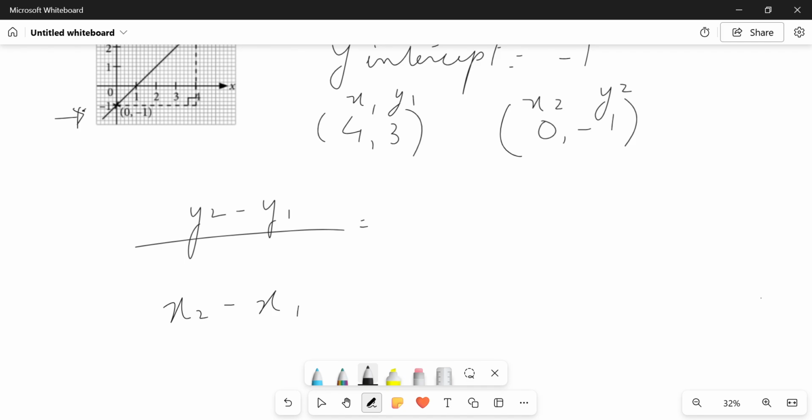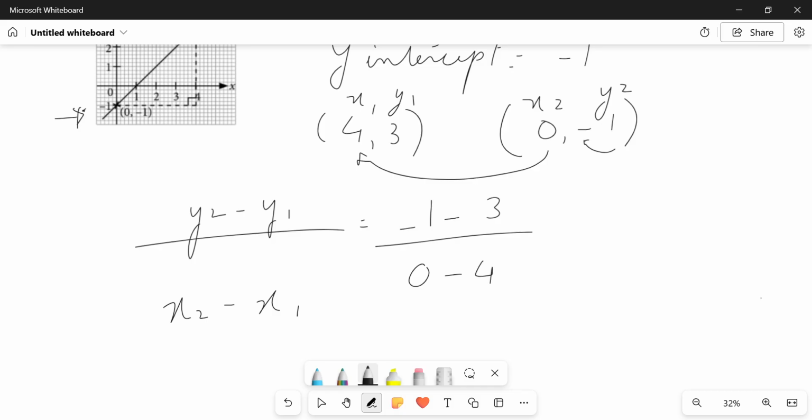Now substitute the values. What is y2 here? y2 is 1, right? But it is not positive, it is negative here, so we take y2 as minus 1. The formula has a minus sign, and y1 is 3, divided by x2, which is 0, and x1 is 4, with the formula's minus sign.